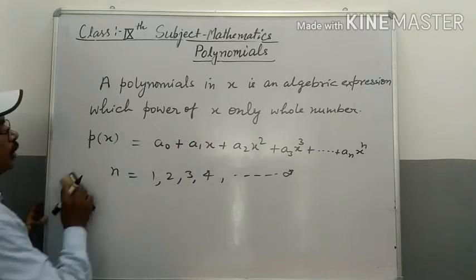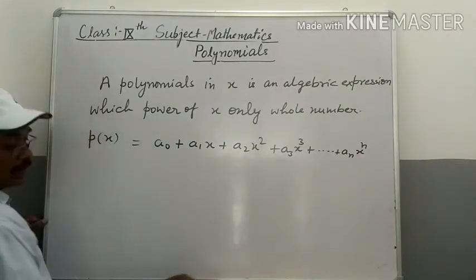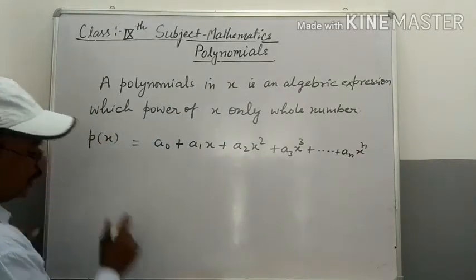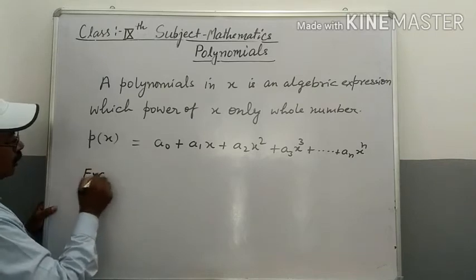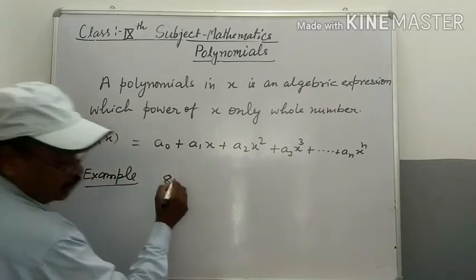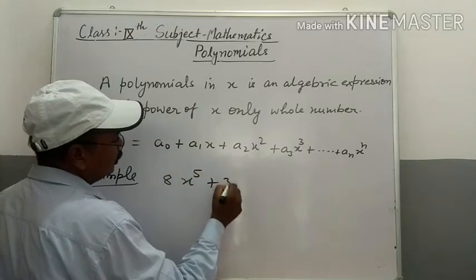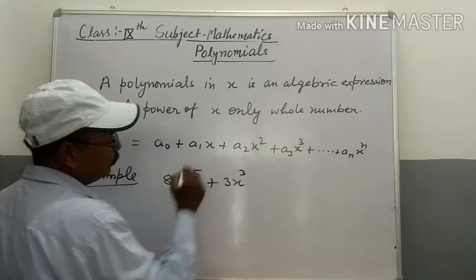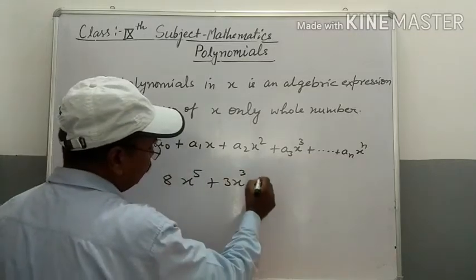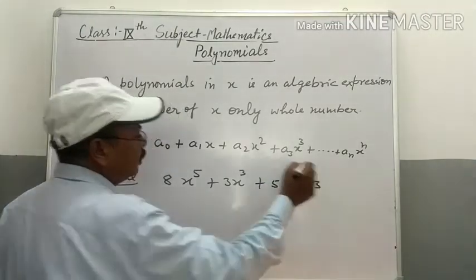Students, now we understand with an example, the polynomial 8x to the power 5 plus 3x cube plus 5x plus 3.